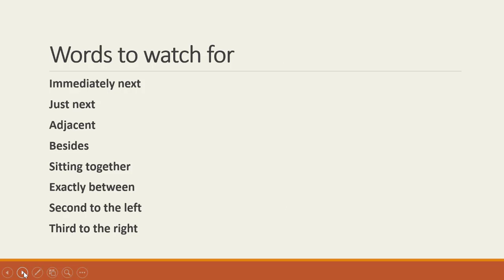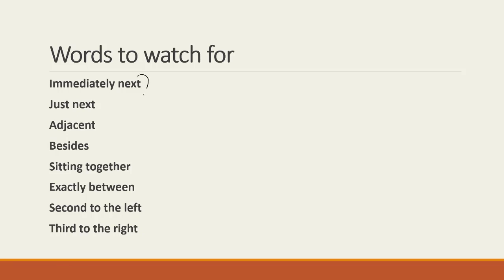A couple of words that you need to keep in mind, because if you don't interpret them in the right sense, you might get their meaning wrong and you might eventually get the entire arrangement wrong. So these words like immediately next, just next, adjacent, beside, sitting together, they all indicate that two persons are sitting just next to each other or side by side.